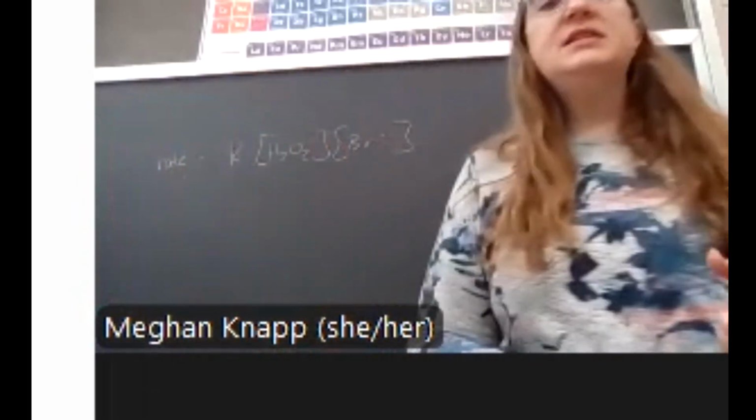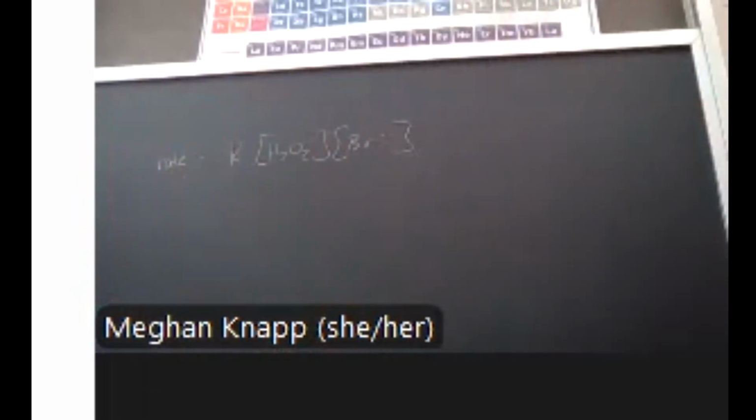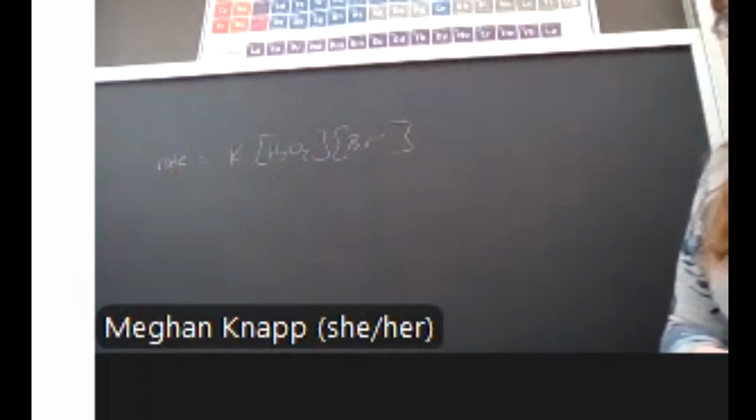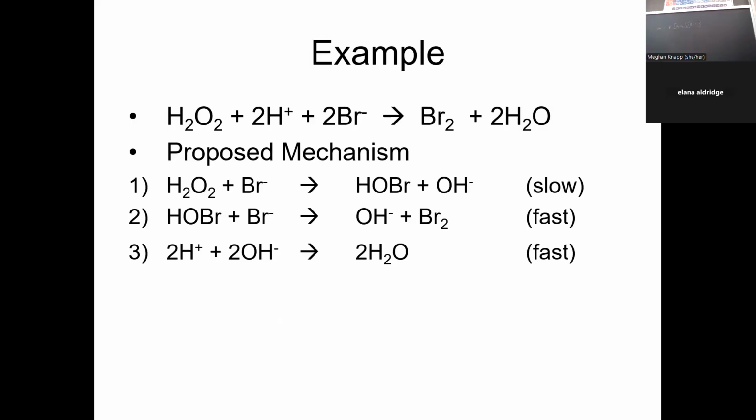According to this mechanism, that is what the rate law should be for this overall reaction. So if the first step is the slow step, this isn't too difficult. It does become more difficult if the second or third step is the slow step, because then you might have an intermediate in there, and you don't want an intermediate in your rate law because you can't control that from the outset, knowing that there's going to be more or less of that.